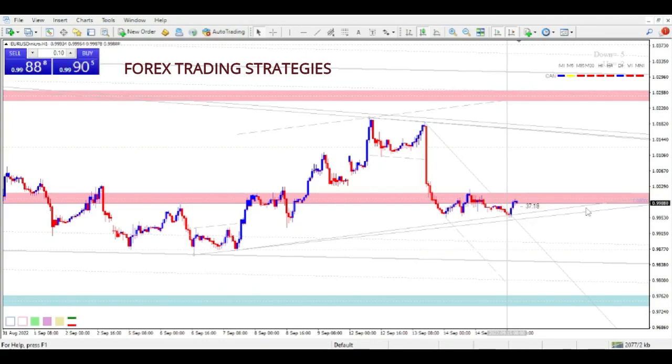NAS 100 day in, day out, they are making a lot of money. GBP USD day in, day out, and they are making tons of money. GBP JPY, they are making tons of money just trading 1 pair, because they are getting a pair that they understand, that they've studied, a pair that has enough liquidity and volume every day. That's all that you need. You don't need to trade the whole 28 pairs.